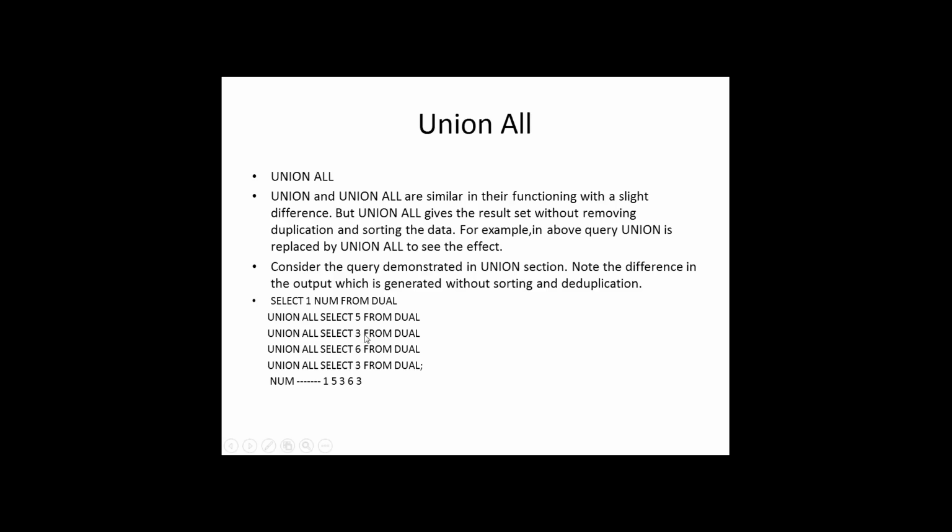We have a 3 here and a 3 here, and it will display 1, 5, 3, 6, 3. Union all will display all the records from both queries, because select 1 from dual is one query and select 5 from dual is a second query. It will retrieve all the values.